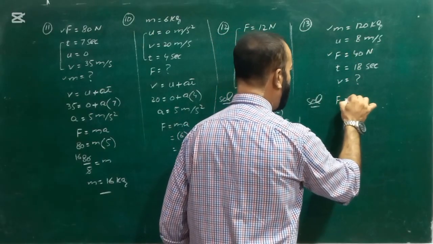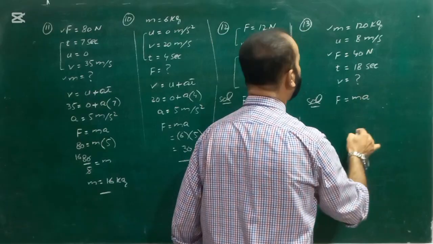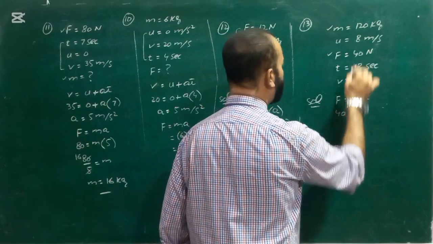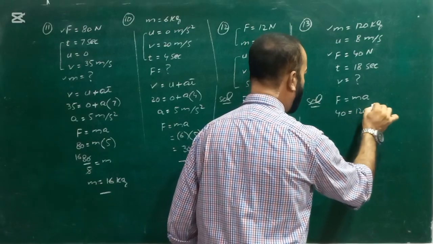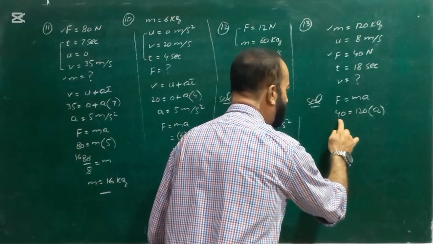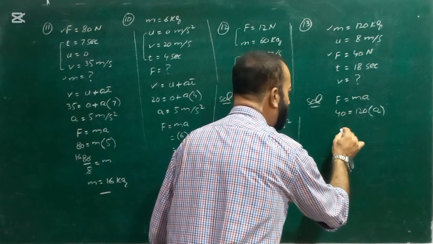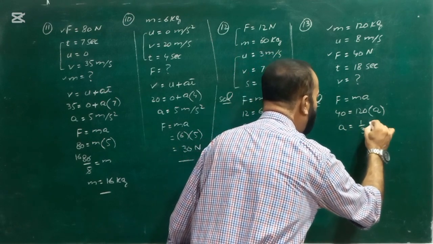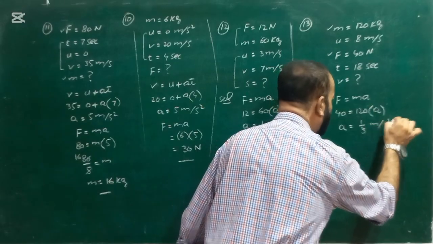So F is equal to MA. F is 40, mass is 120, and A is the requirement. So from here, this 120 will come to the denominator over here. So A will be equal to 1 by 3 meter per second square.